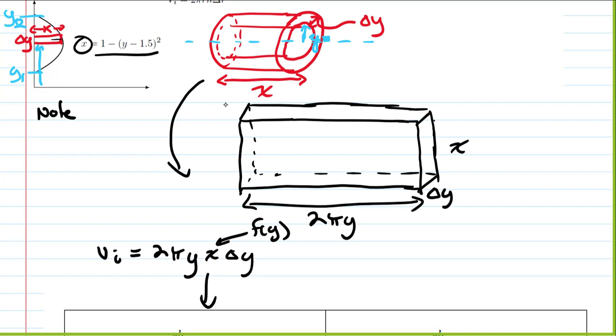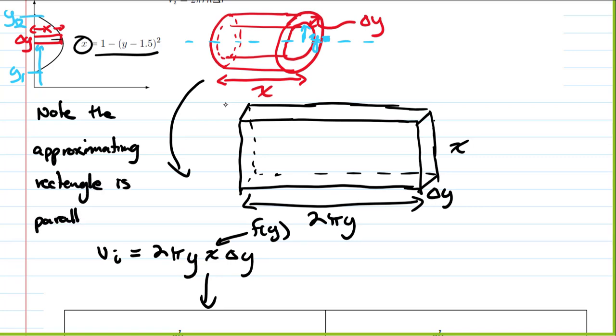So note the approximating rectangle is parallel to the axis of rotation.